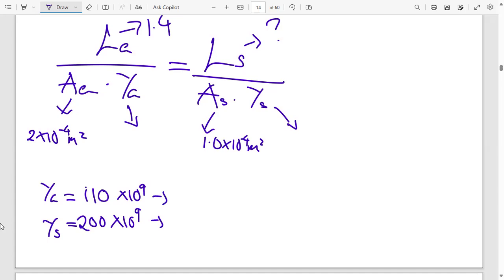But these are simplified further. That's why this is written as 2.0 times 10 to the power 11, whilst this one is 1.1 times 10 to the power 11 newton per square meter, like that.